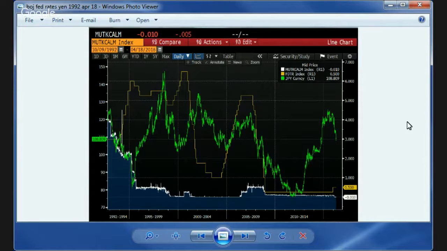And the reason is quite simple. Historically, the Japanese rates have been nowhere for 20 years. The Fed gets up at 6%, then it goes down to 1%, then it goes back to 5.25%. The entire time, the Japanese rates are generally below half a percent.